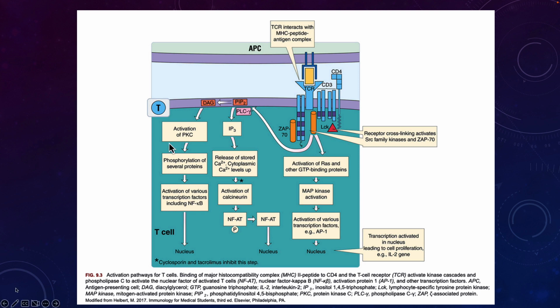In general, T cell activation occurs when the receptor on a T cell, and again, there are multiple types of T cells, comes into contact with an antigen that is presented by an antigen-presenting cell. This could be a macrophage, or very often is going to be a dendritic cell.